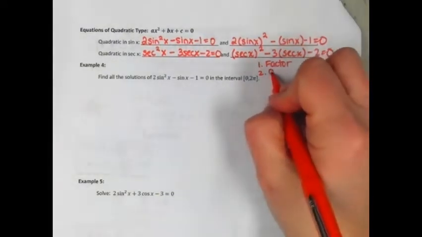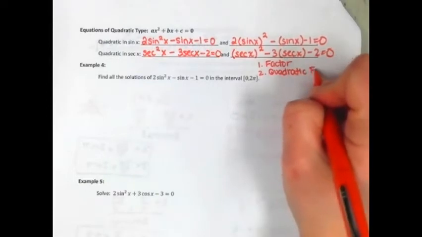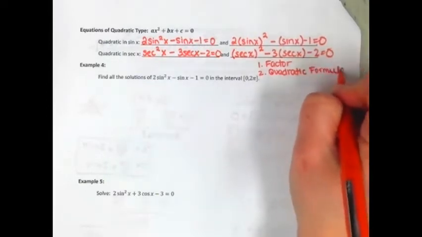You could do square roots, which we already did on the first page, but what's another one? The quadratic formula or completing the square. I'm not going to complete the square. That makes it 10 times harder, I think. Okay, so we're going to try to factor, and if we can't factor, we have to use the quadratic formula.